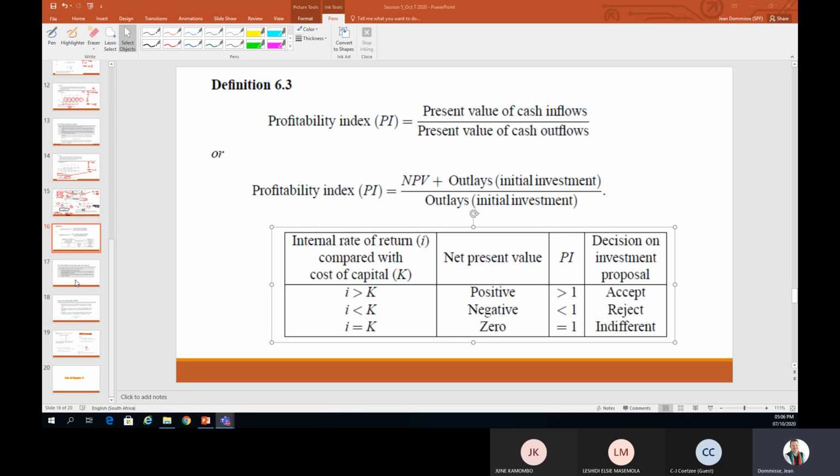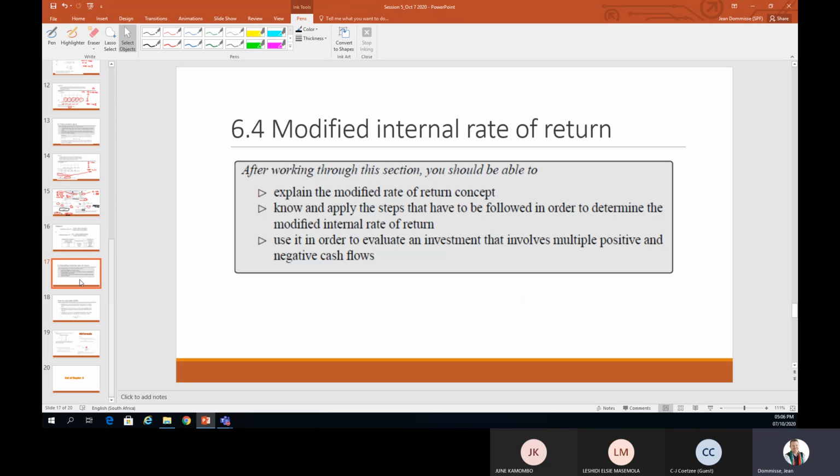Okay, the last one in this range of methods to analyze your rate of returns is what I call MER, the modified internal rate of return. I don't even know if that is a name that can be used.